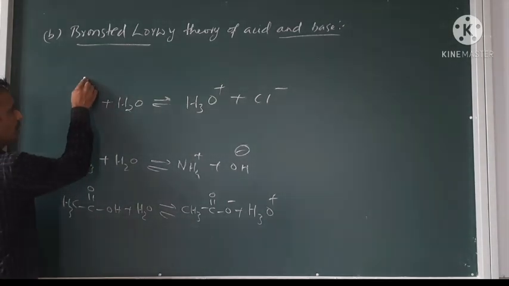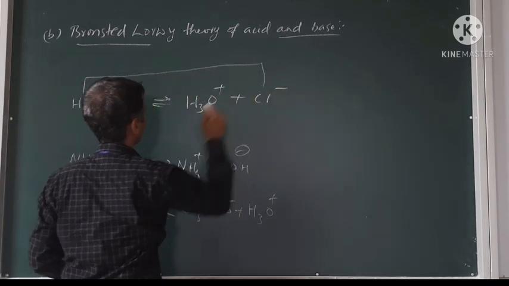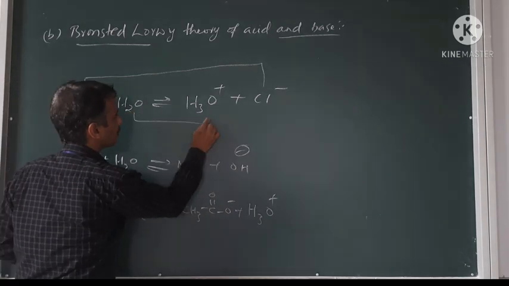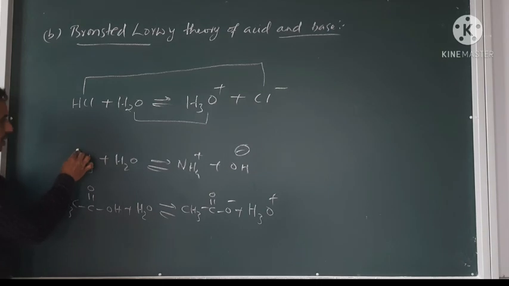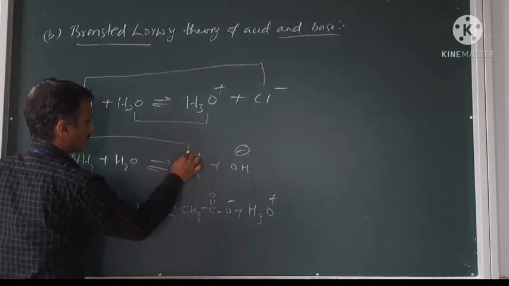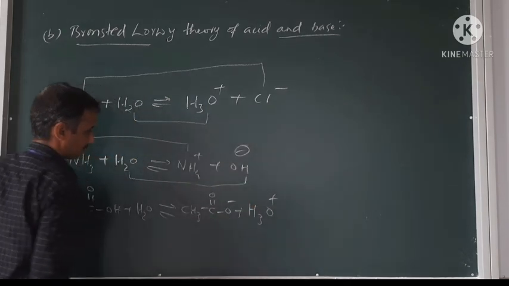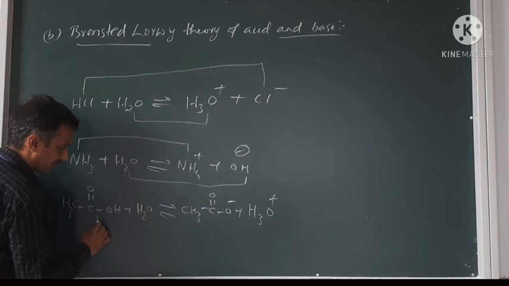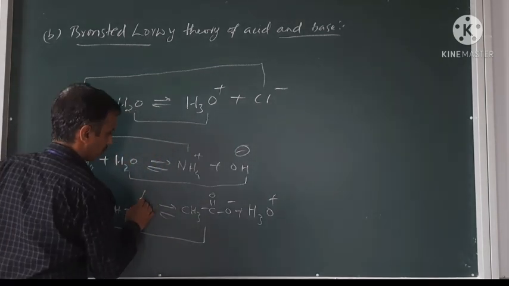See, take this HCl and the Cl minus into consideration, or water and the H3O plus. In this case, ammonia and ammonium ion, water and hydroxyl ion, acetic acid and acetate ion, water and hydronium ion.